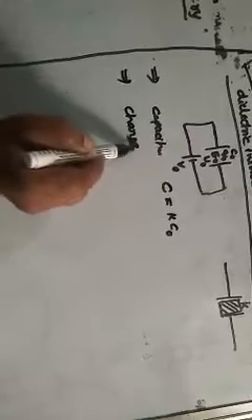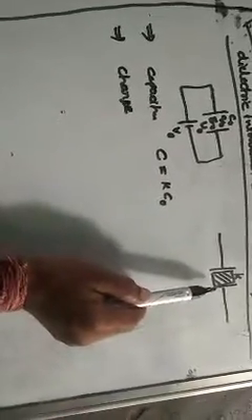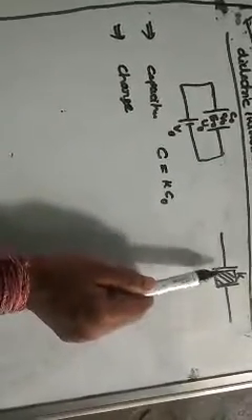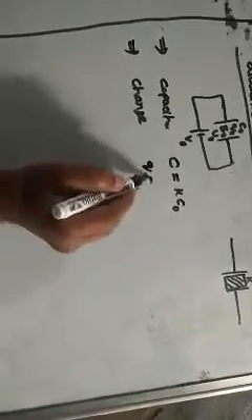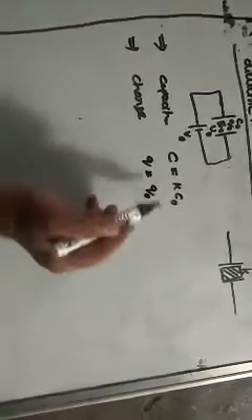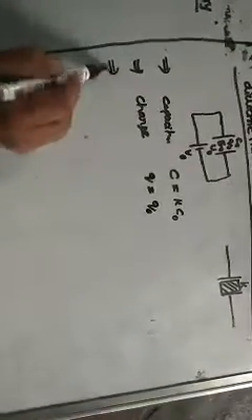What about the charge? The capacitor plates were already charged. Even though the battery is disconnected, the charge remains on the plates of the capacitor. So the new charge Q is equal to Q naught. The charge does not leak; it stays on the plates of the capacitor.